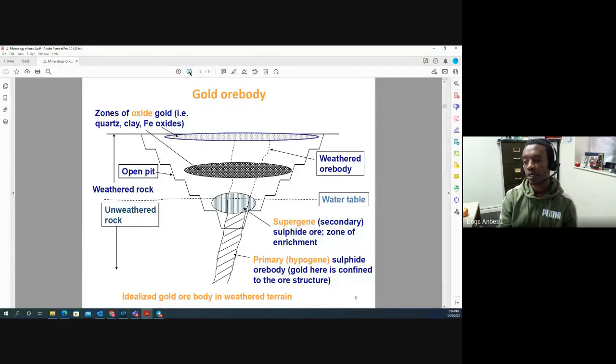In the oxide zone, we typically find free gold or gold locked in quartz, clay or oxide material, or iron oxides in this case. It is already weathered, and it is possible to recover some of this gold using very simple methods, typically gravity methods.